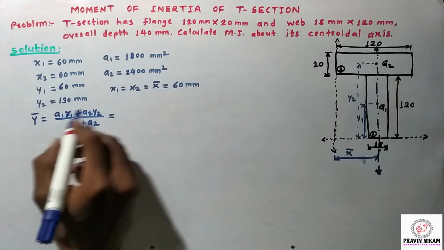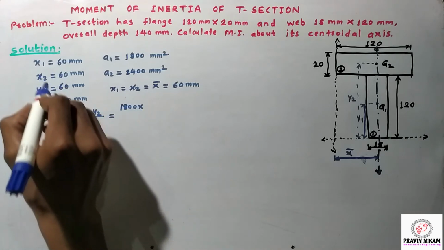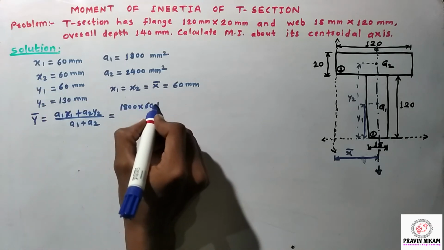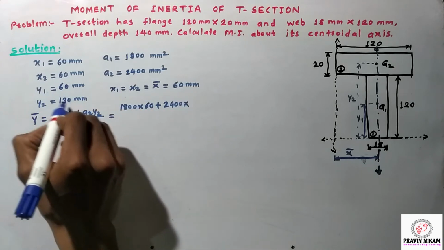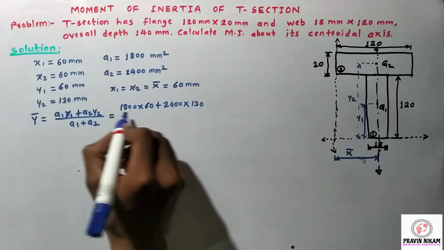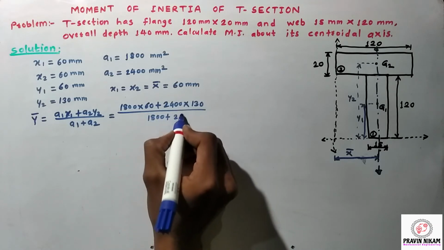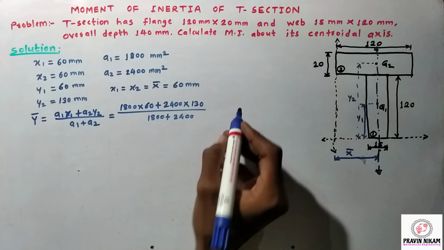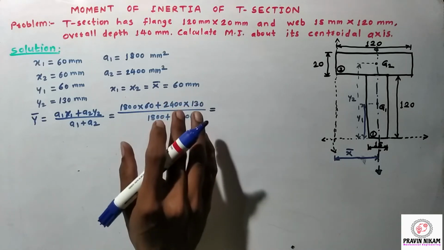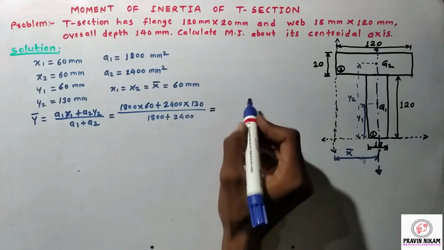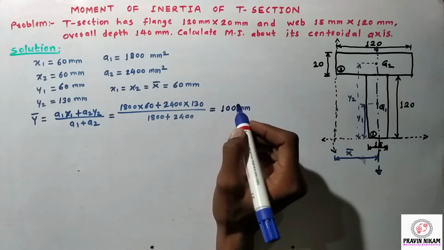That is 1800 into 60 plus 2400 into 130, divided by 1800 plus 2400. Putting these values in your calculator, y bar is 100 mm.